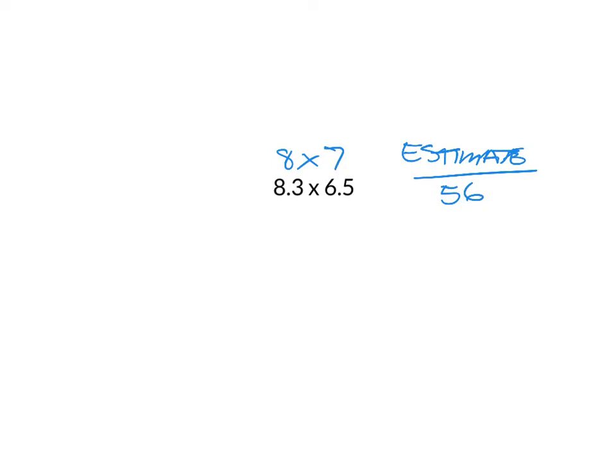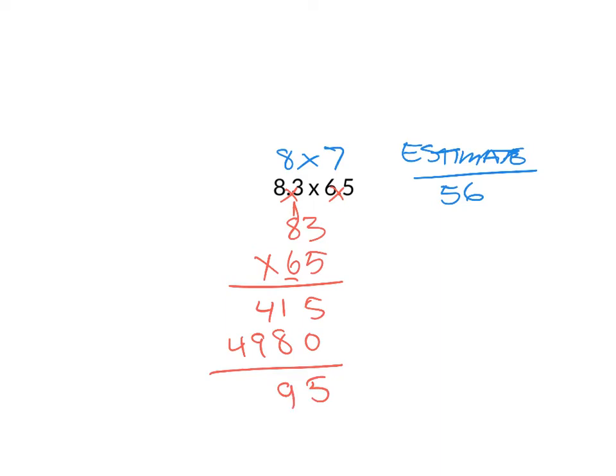So now let's do this. Let's remove those decimal points and act like they're not even there and multiply the two numbers. So again, we did this last time, so we know what the answer is going to be. It won't change, right? So the answer is 5,395, right?